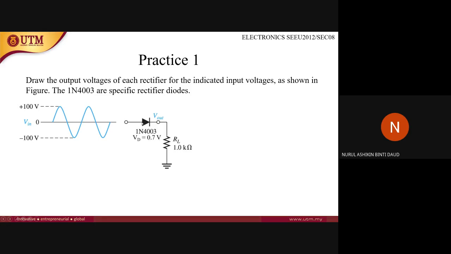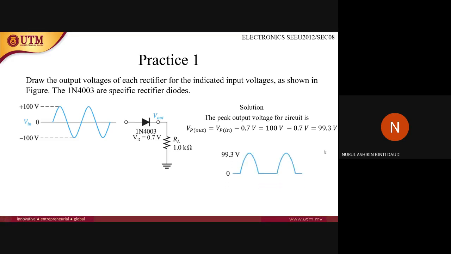It's given to you. So the input peak will be minus 0.7 volts, because you cannot neglect the diode drop voltage. So it is going to give you 99.3 volts. If you want to draw the waveform, it is going to look like this.